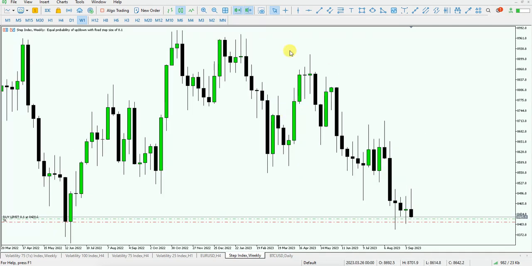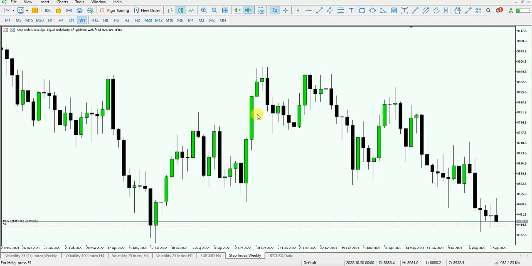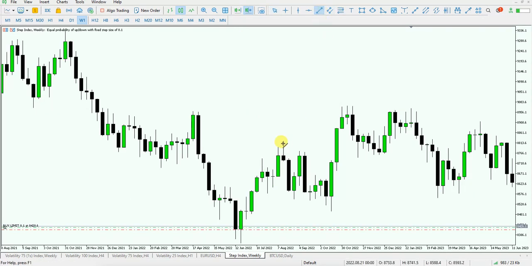So on the weekly, this is what you see. We had this high in here which was taken. This is a buy side liquidity which was taken, and then a sell side liquidity too which was also taken.